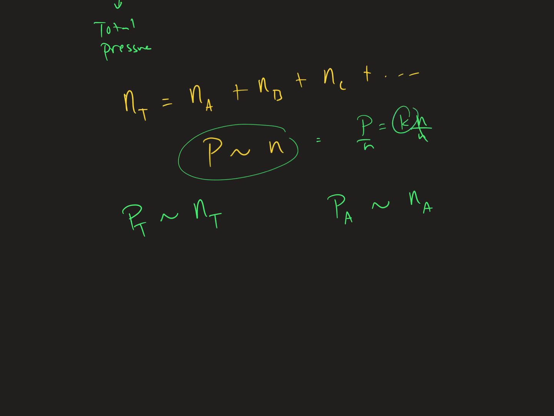And that means our pressure divided by the number of moles is going to be constant. You with me? So can we say the total pressure over the total number of moles is equal to the partial pressure of substance A over the number of moles of A? Can we say that? Because it's always constant, right?